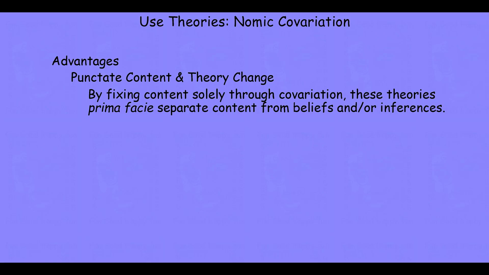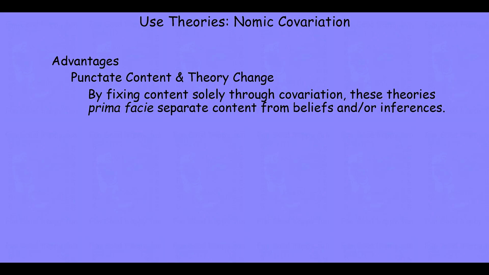Their content is fixed before they enter into other inferences or get combined into larger representational conglomerate states. As a result, these theories prima facie separate the content of an individual state from the beliefs one might hold or the inferences one might make involving that state.